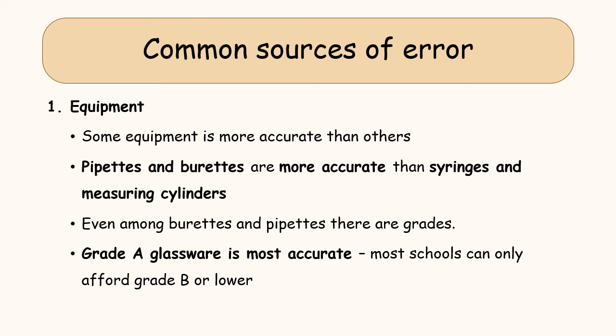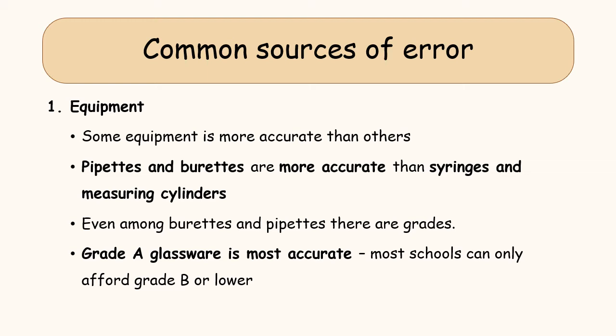However, most schools will not be able to afford grade A glassware, and so will have grade B or lower. And while there is the expression, a bad workman blames their tools, when it comes to accuracy, if your tools are not able to work to a degree of accuracy that is needed, then they are a source of error.